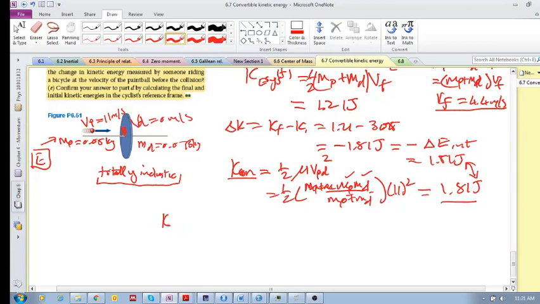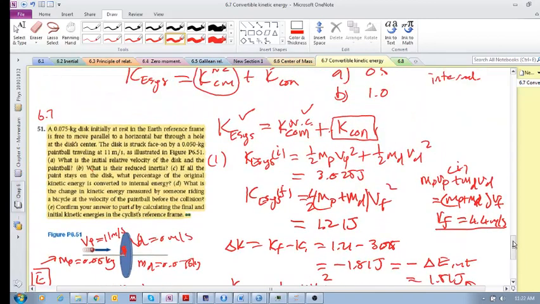And the other way that I just wrote is the system kinetic energy is equal to the kinetic energy of the center of mass plus the kinetic energy that is convertible. Now what is this? This was half m_p v_p squared plus half m_d v_d squared, which we already calculated here.